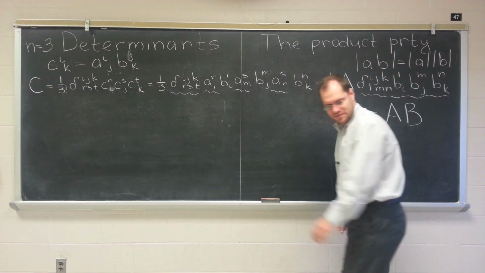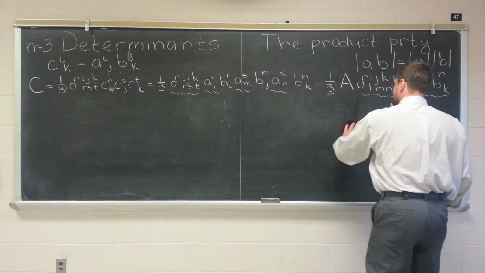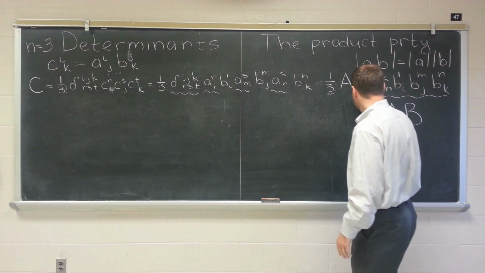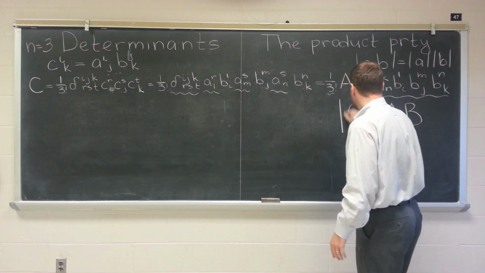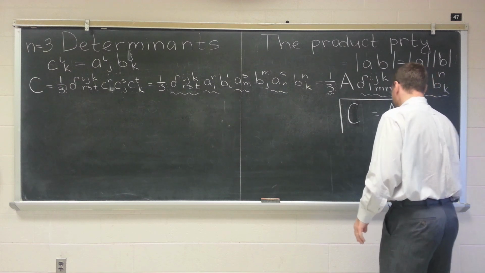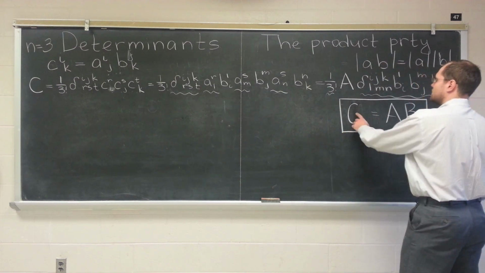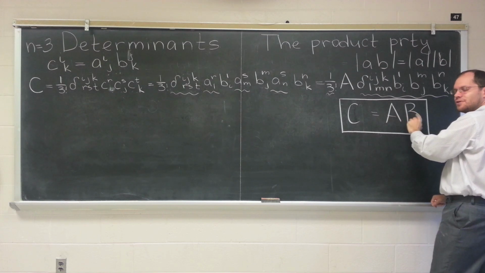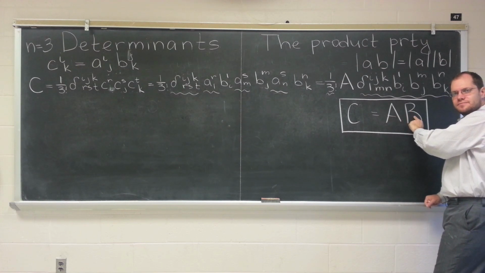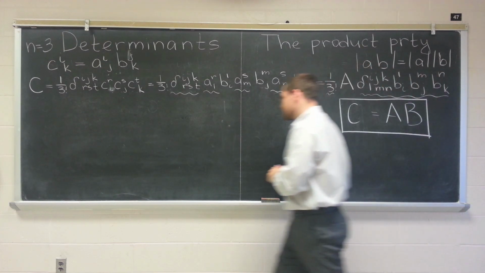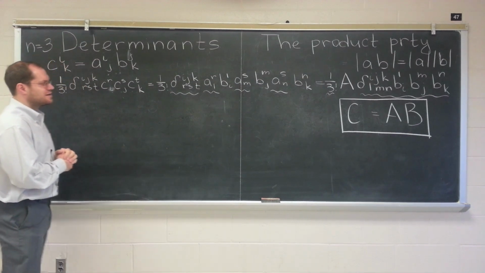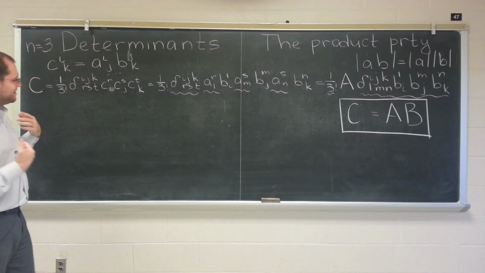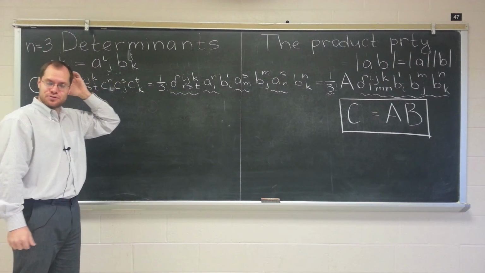So, to summarize, C equals AB. In other words, the determinant of the product equals the product of determinants. Very great. A very beautiful and, to me at least, visually appealing proof.